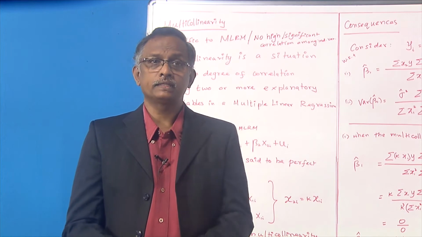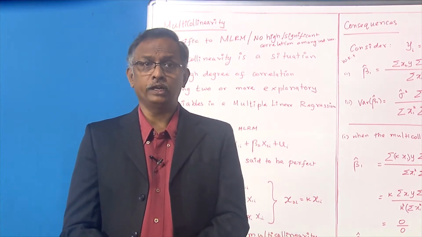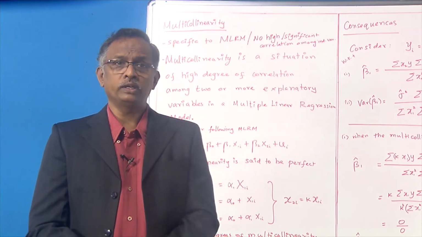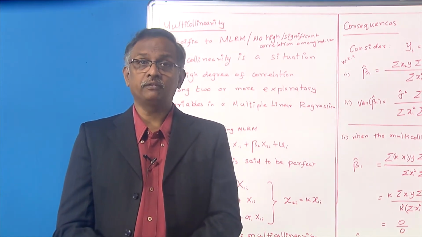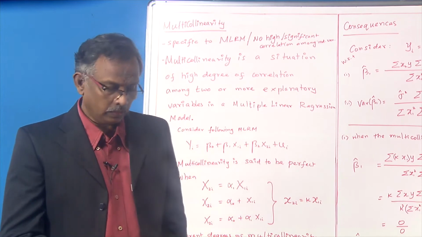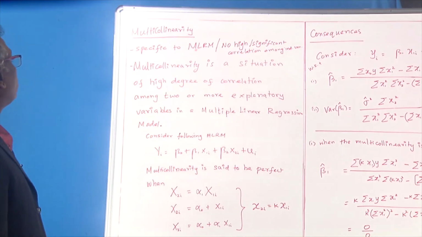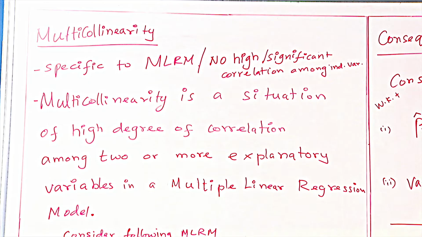Let us continue our discussion on the meaning of multicollinearity. Now let us define the multicollinearity issue. This term multicollinearity was first coined by Ragnar Frisch. The problem is very specific to the multiple linear regression model.